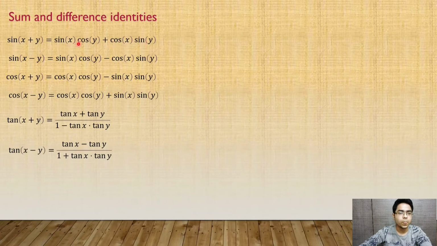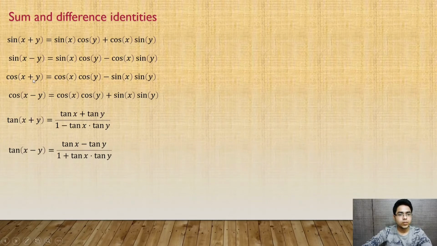So we can see it's vice versa: sine into cos and then cos into sine. Similarly for sine of x minus y, it is sine of x into cos of y. The only difference is that here it is a minus sign and here it is a positive sign, so here we get negative. The rest of the formula is the same.